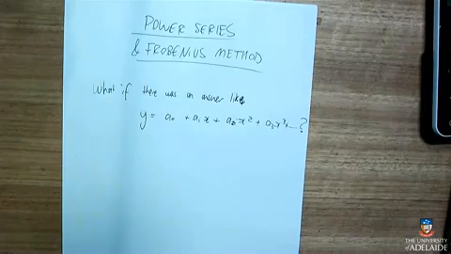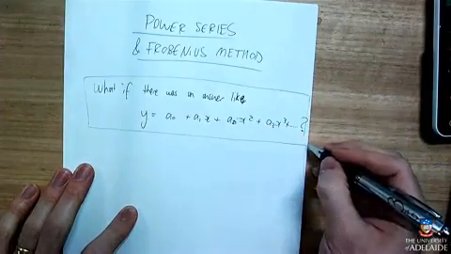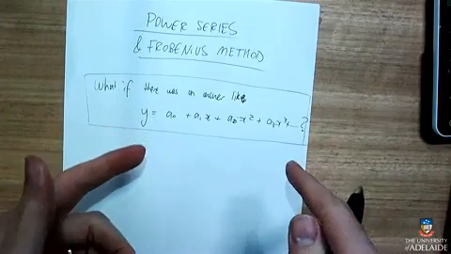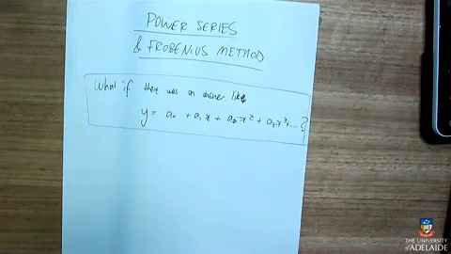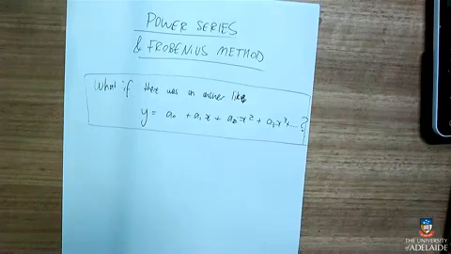And the reason why we expect there to be an answer like that is that most of the functions that we know and love have representations like this. That's what a Taylor series is for. This would be a Maclaurin series. So it's not the worst thing to expect that they should look like that.